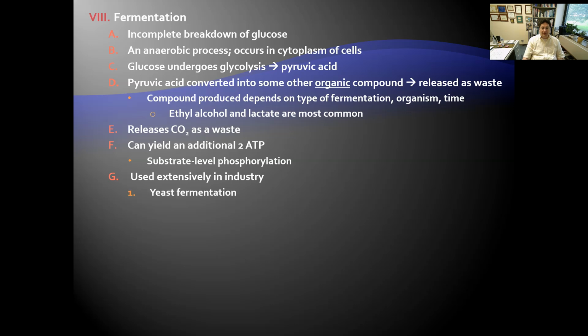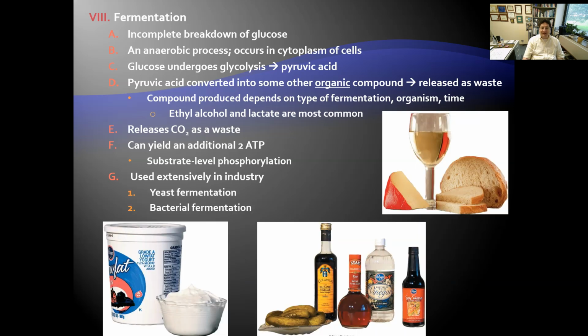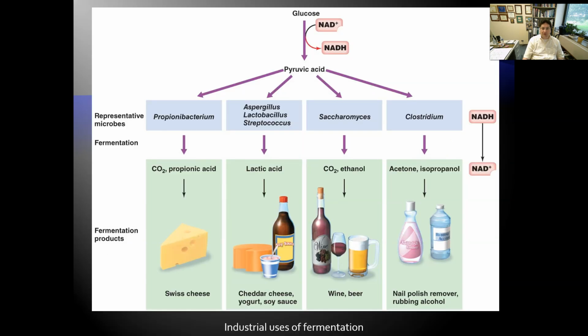Industry. Yeast fermentation and bacterial fermentation are used to make all sorts of products, as we see here. Wines, vinegar, baked goods, and all different alcoholic beverages are based on fermentation. Here our glucose is converted to pyruvic acid, that's glycolysis.